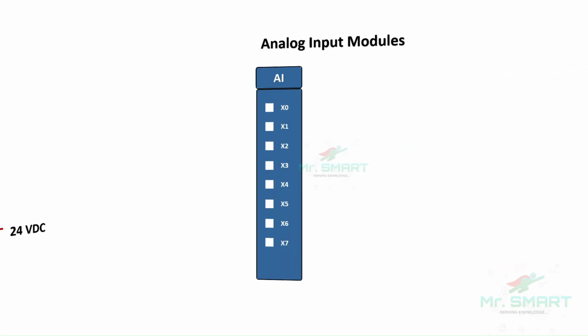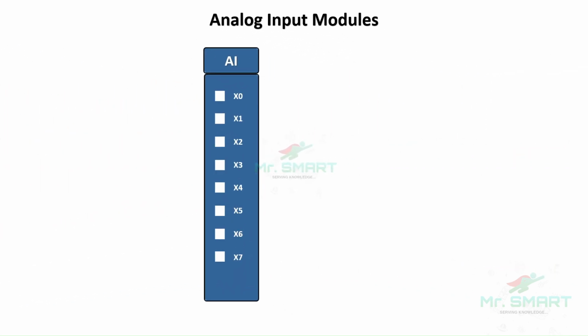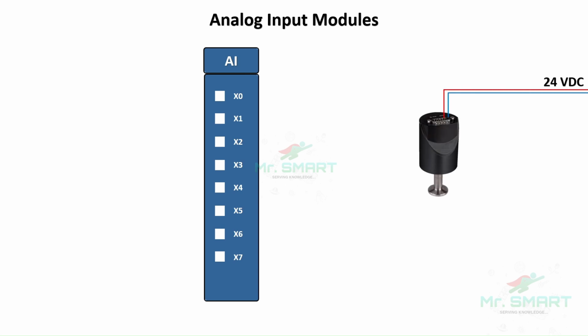Now, let's have a look at analog modules. Unlike digital modules, analog modules are specially designed to work with a wide range of analog inputs. In most cases, the analog input devices which are powered externally are connected to the analog input ports of PLCs. These devices are capable of producing electrical signals in the form of voltage or current. For example, let us consider the analog input device connected is a capacitance diaphragm pressure sensor.